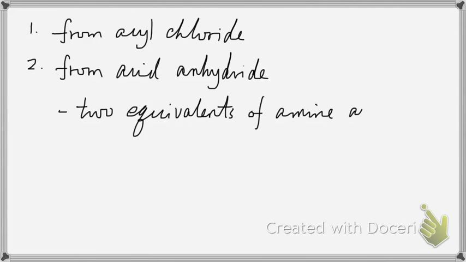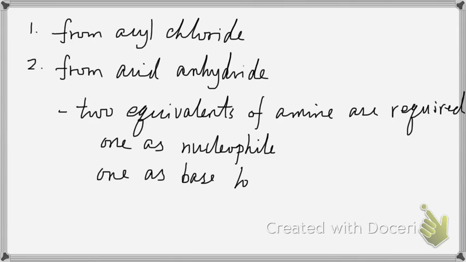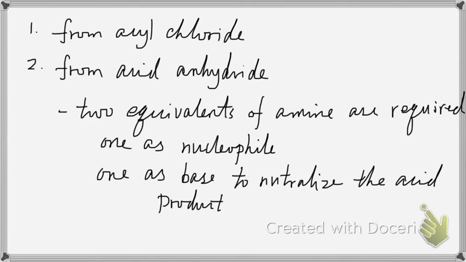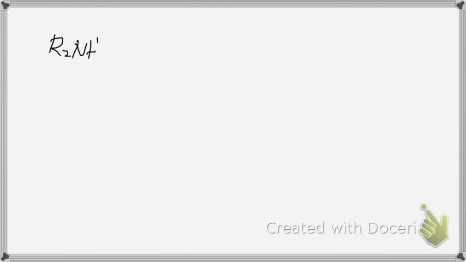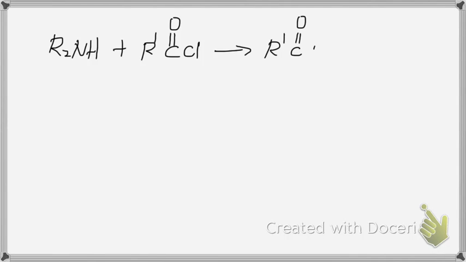So, in a reaction, we will need two equivalents of the amine or ammonia, because one equivalent will be the nucleophile to make the amide, and the other one will serve as the base to neutralize the acid byproduct. So let's see an example here.